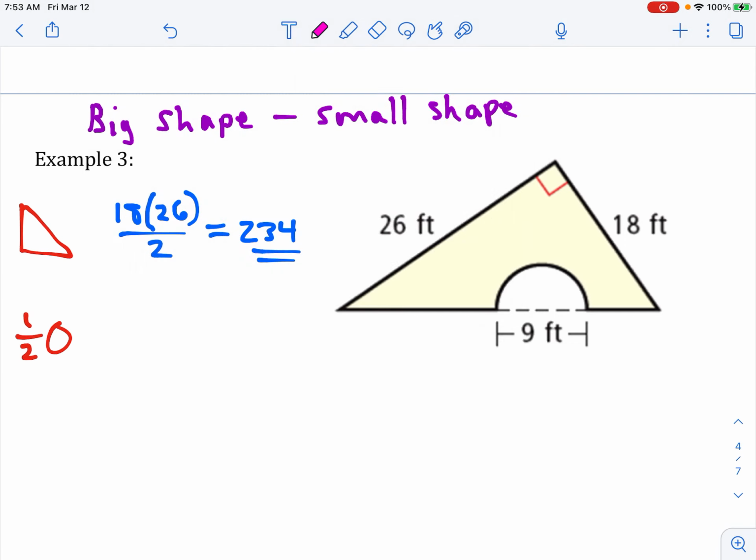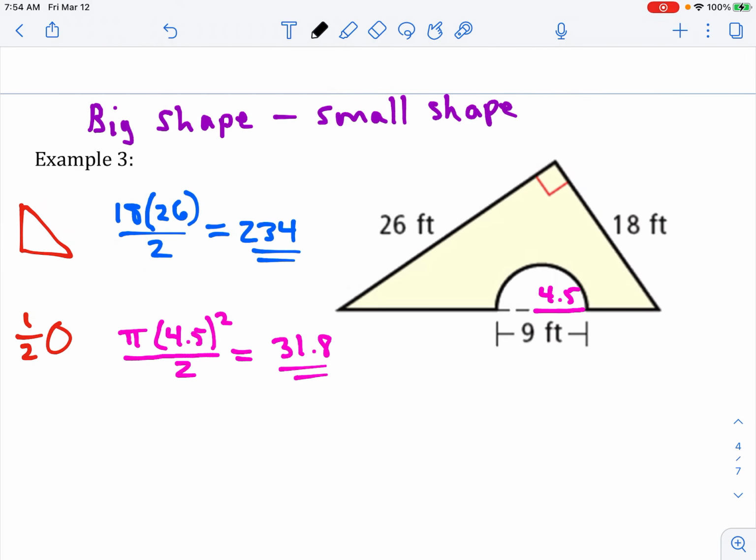Our second part, I'm going to do half of a circle. Now remember, the radius of our circle is half of the 9, so I'm going to be using 4.5 for my radius. So I'm going to take pi times radius squared, so 4.5 squared. But that's a regular circle right there. I need half a circle, so I need to cut this in half. If you do that, you get 31.8.